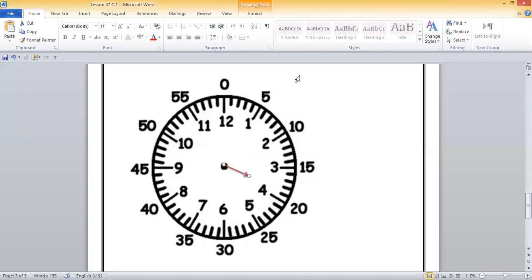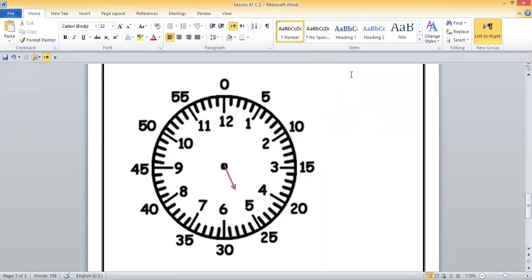Yes, guys. What time is it? 4 o'clock. Very good. It is 4 o'clock.